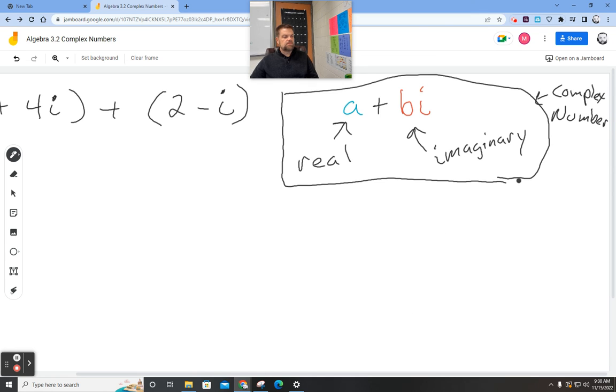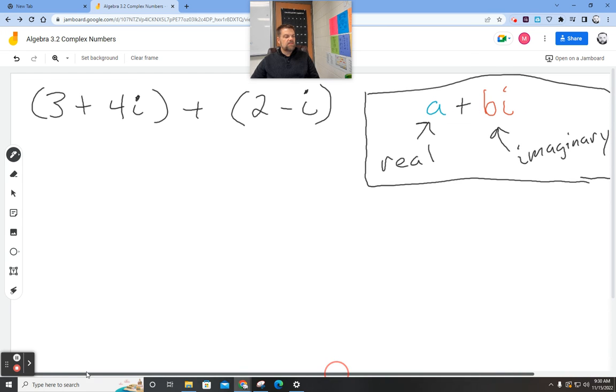But mathematically, we treat it just like we did this other example. This is real, there's no i. This is real, there's no i. This is imaginary. This is imaginary. How do I know it's imaginary? Yeah, because it has the i. And so those are the like terms in complex numbers.